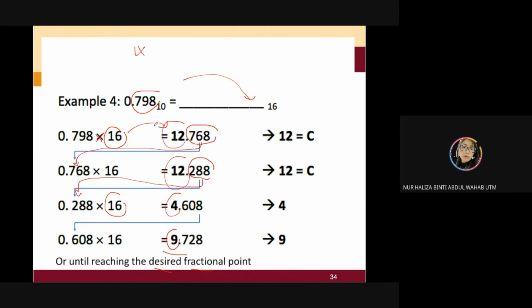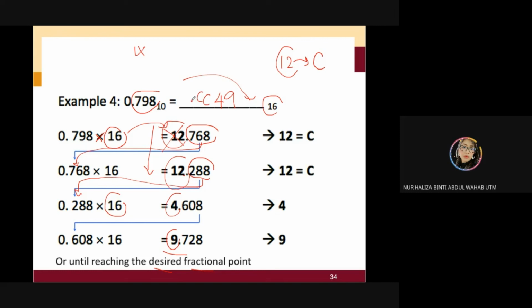Okay, over here, this is your answer, and your answer will be from above to down. Again, please check this value. For hexadecimal, this value is not found. You cannot have 12 in your hexadecimal. Instead of 12, you need to convert to the symbol, which is C. So that's why you will get CC49 for the representation.